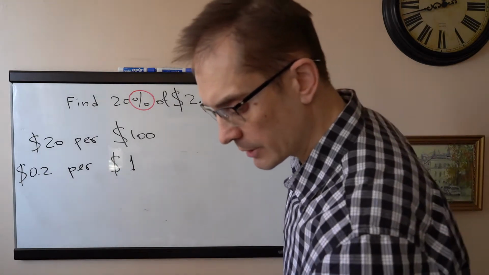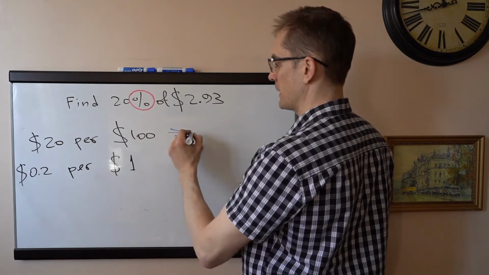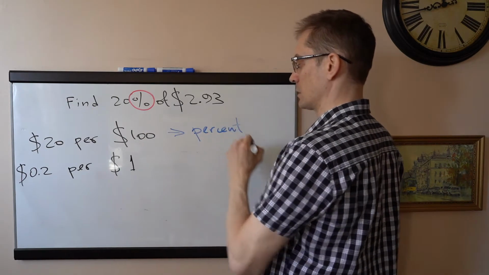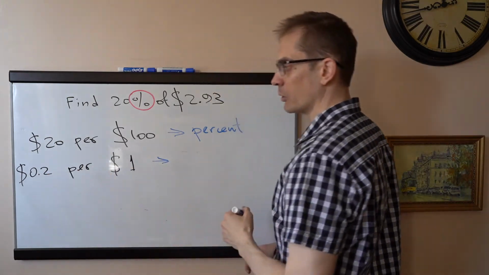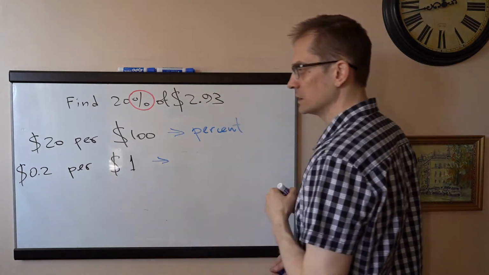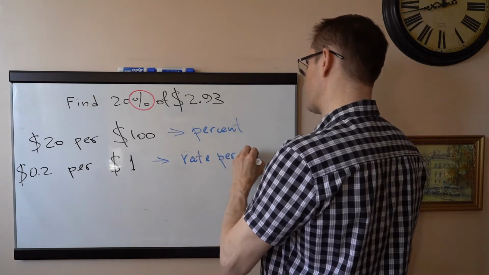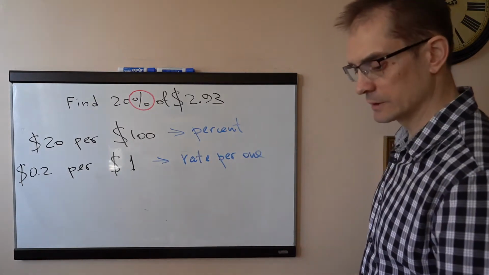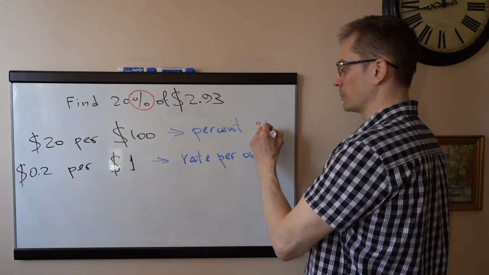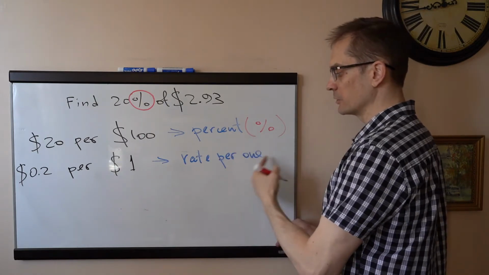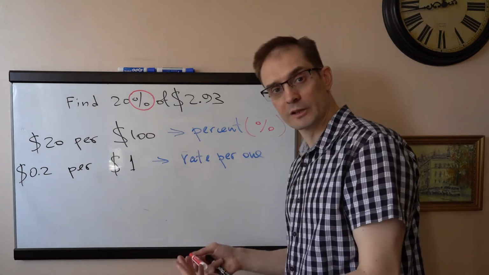So when we speak about this type of quantity, that is percent, as we already know. But when we speak about this type of quantity, that is measurement per each one, this is going to be rate per one. Keep in mind that I can write the symbol percent here instead of the word percent. But here, no, I cannot write the symbol percent instead of rate per one, because rate per one is rate per one, not rate per 100.